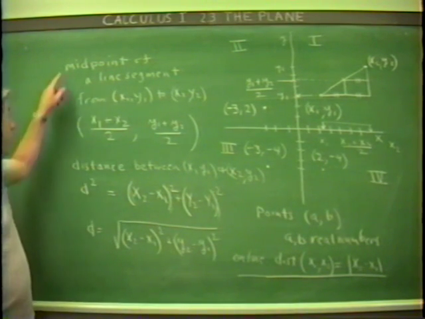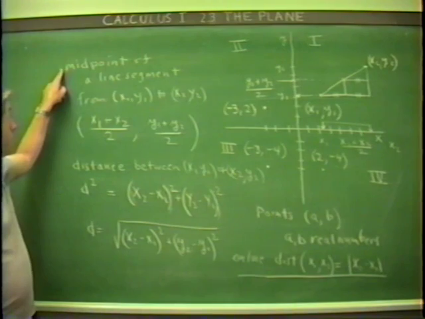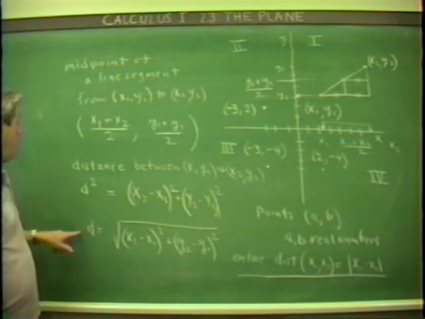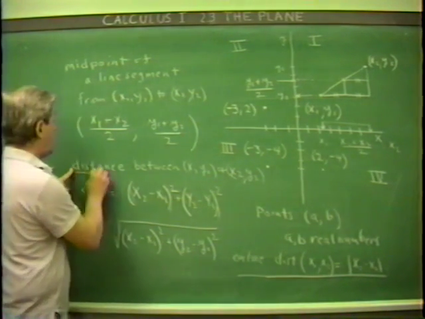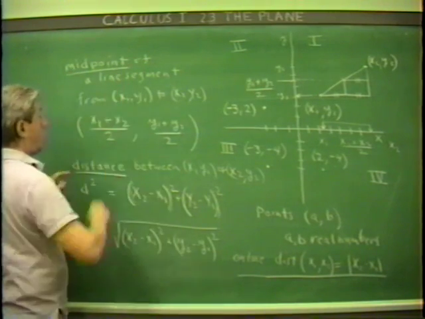So here then we have the midpoint of a line segment and the distance between 2 points.